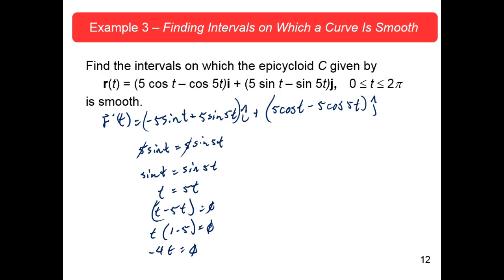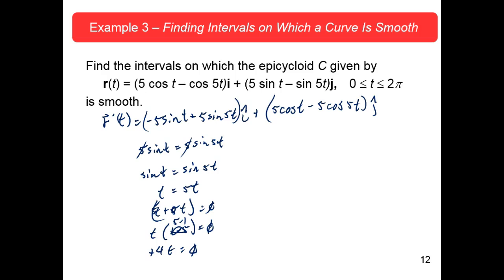But also, minus 4t is equal to 0 as well. Or actually, we could have done it the other way and done 4t is equal to 0. There's no real reason to do minus. We could have done these in reverse order: 5t minus t is equal to 0, so that would be 5 minus 1, which is 4t.